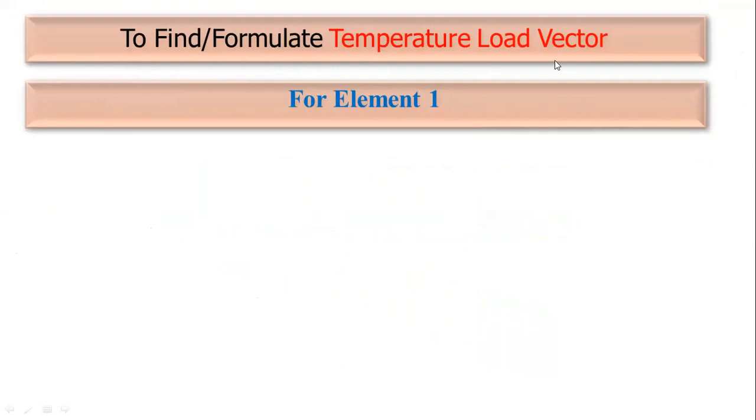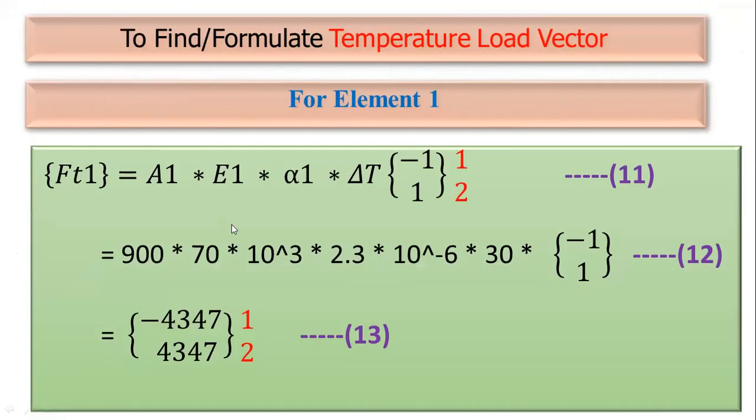Similarly, for the additional part, that is the temperature load vector. We have already seen this equation in our SOM. Effect of temperature on strain, and for finding the load, that is A into E into alpha, temperature difference, and the difference between two nodes.